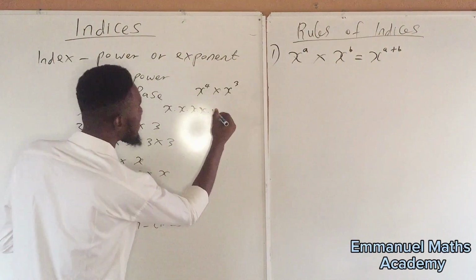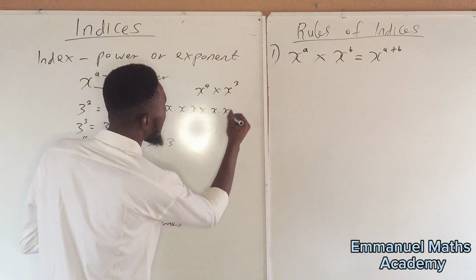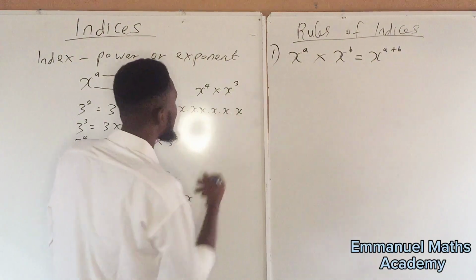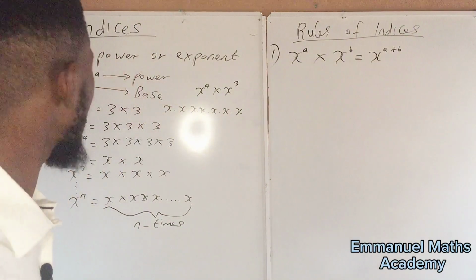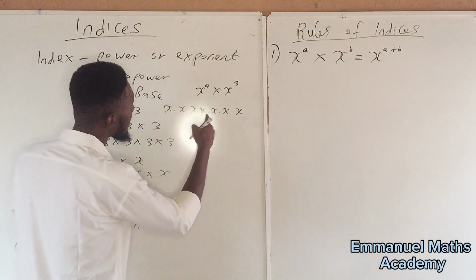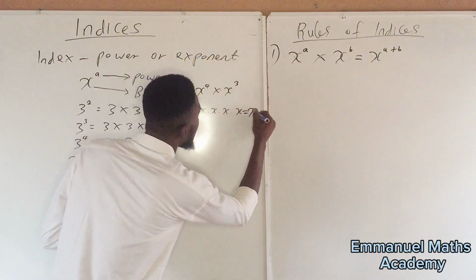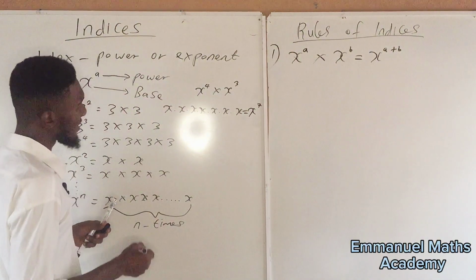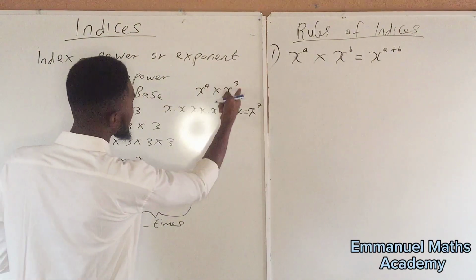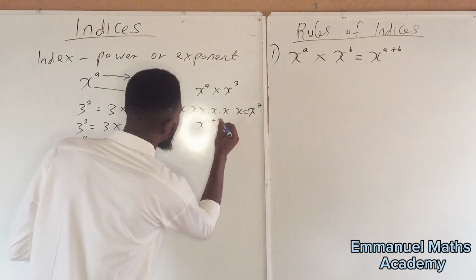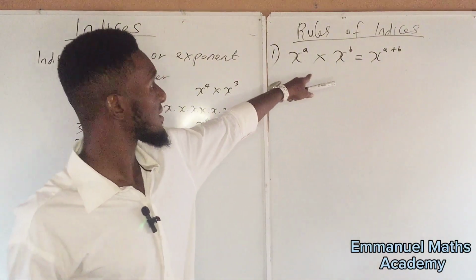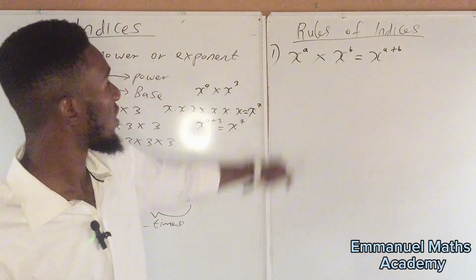Also, this simply means x times x times x, 1 2 3 4, 1 2 3, right? Now, if you bring all these x together, you see that you have 1 2 3 4 5 6 7. That means x raised to power 7, right? You notice that x raised to power 7, if you add 4 plus 3, you still have x raised to power 7. That gives us the first rule of indices, the multiplication rule of indices.